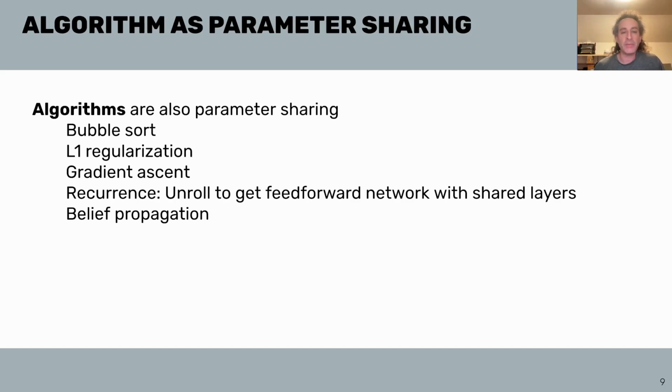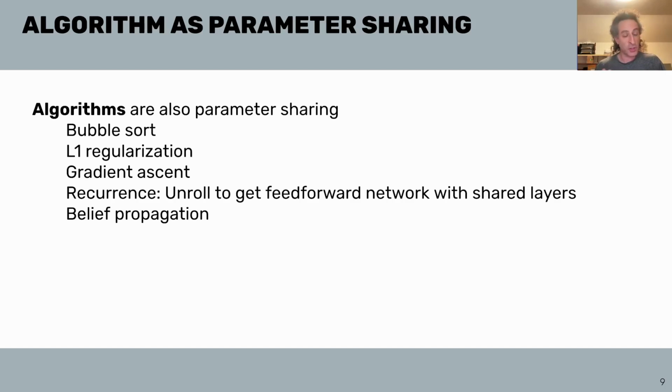These are all named algorithms that are named because they have some property that you do over and over again. And so in L1 regularization, you penalize the activation or some quantity with the same penalty for all of those variables, all instances of those variables. In recurrence, you have a neural network which is applying the same computation every time step.